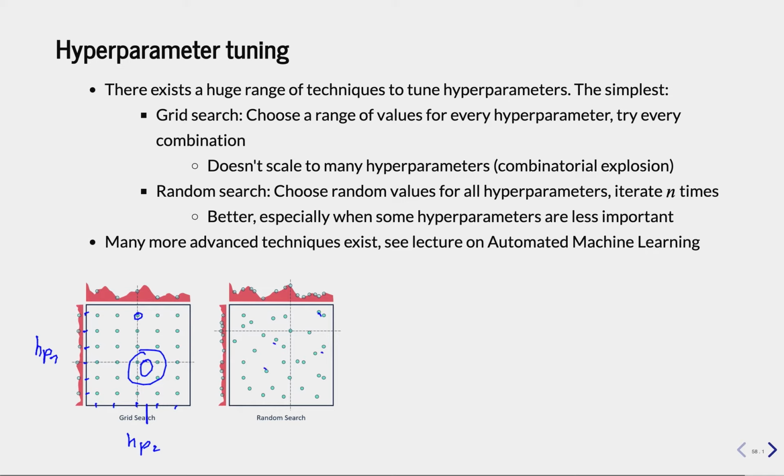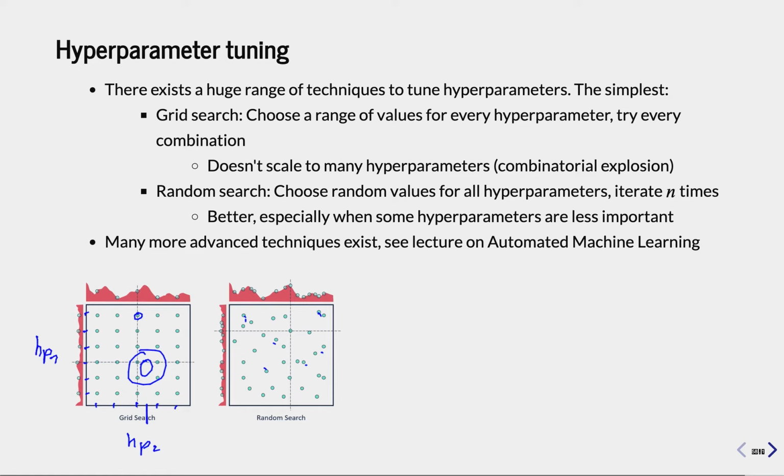And this seems like a less systematic approach, but on average the results are much better. One of the reasons is that, well, it scales much better, right? So if you evaluate 100 points for 2 hyperparameters or for 5 hyperparameters, it's the same amount of time.